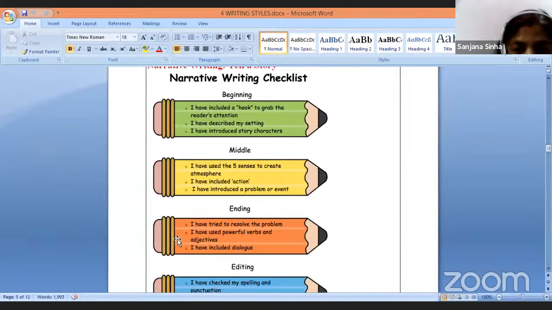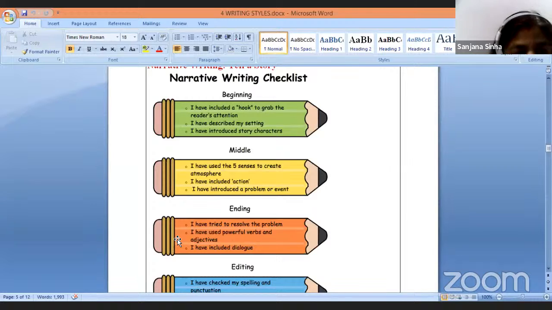And in resolving the problem, of course, the second bullet is that you will use powerful verbs, words and adjectives. You will put in a lot of descriptive words, powerful words, so that it will create an image on the reader. Verbs are actions.